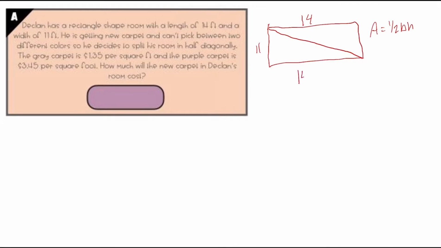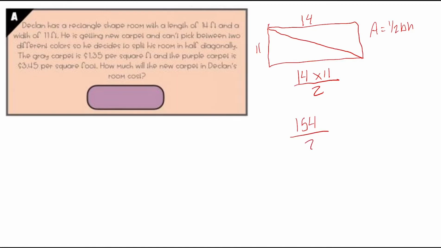So I'm going to do 14 times 11 divided by 2. Let me put that into my calculator real quick. And I know I got 154.